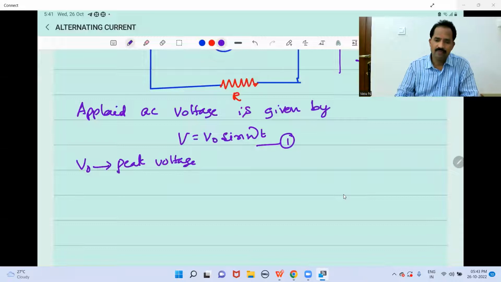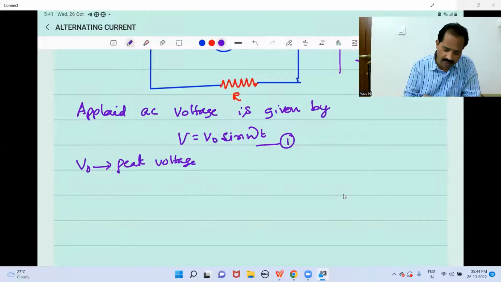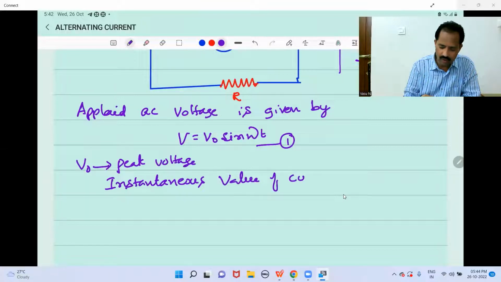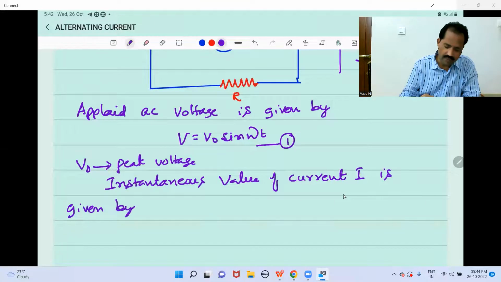Okay. Hangidre the instantaneous value of current is given by. So yakantandre yavaga voltage apply ಮಾಡ್ತೀನೋ definitely there should be a current ಬರಬೇಕಲ್ಲ. The instantaneous value of current I is given by ಇತರ ಬರಬೇಕು.